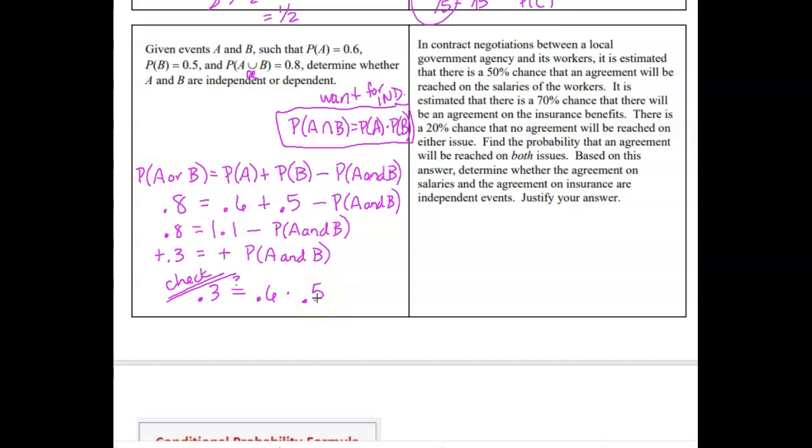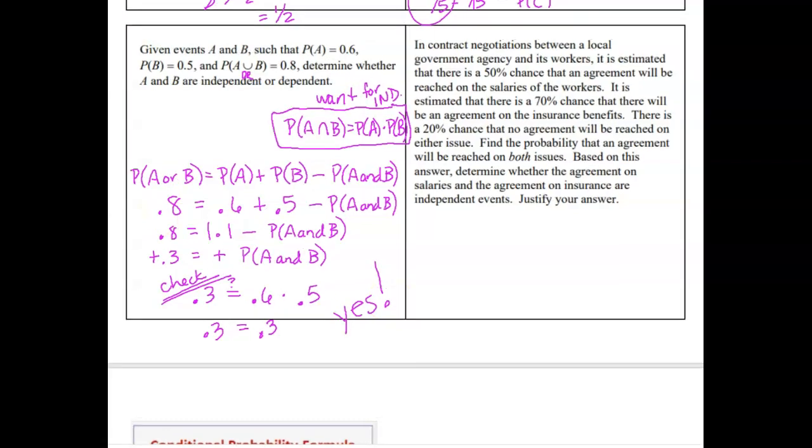Okay, and so we've got 0.6 times 0.5 is 0.3 equals 0.3, and so the answer is yes, they are independent.